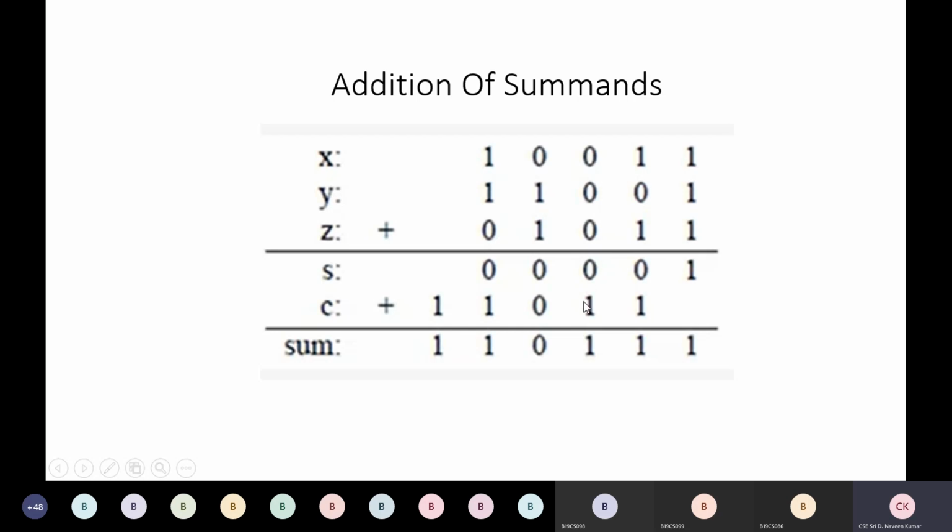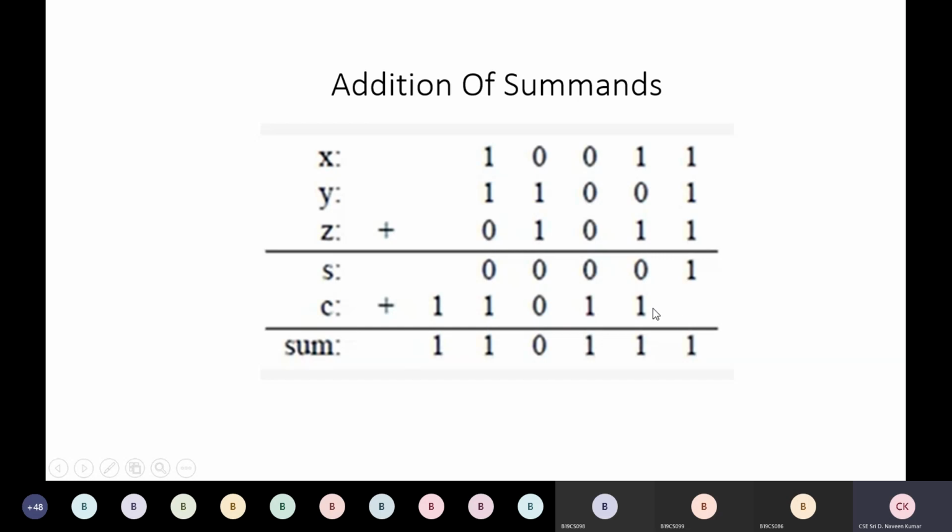Similarly, when we add 1 and 1 we get 1 0, so we keep 0 here, and the carry we place here. In this way we continue, and finally we get this. Similarly for this one: add 1 1, keep 0 and 1 here. Okay, so we got the sum vector, and the carry vector we have here.